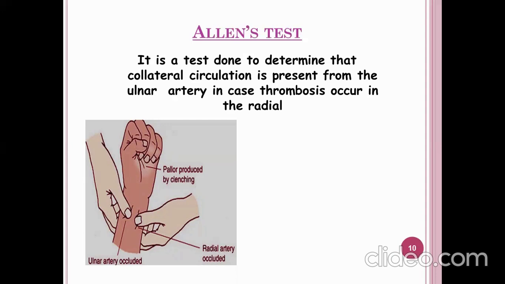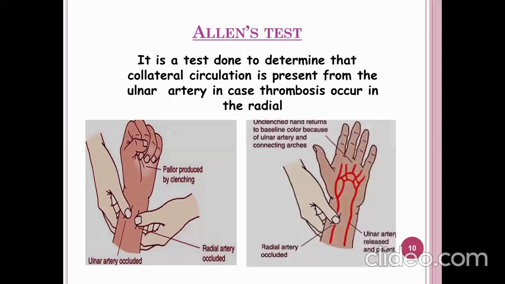If the proper circulation is not there, that means there may be a thrombosis, so it will affect the value of the ABG. That's why we perform Allen's test. It is most commonly done in the radial artery or ulnar artery.